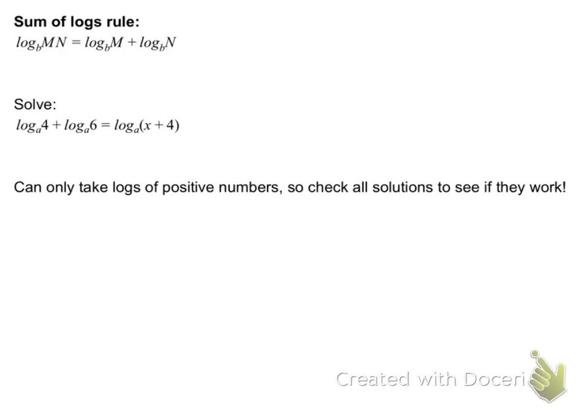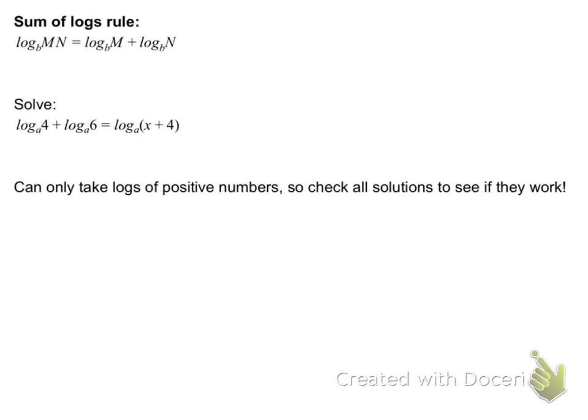So what they're going to have you do on this stuff is condense, and they're going to have you expand using these rules. There's sum, there's difference, and then there's a power rule. I think we're only going to get through this first rule here. The biggest thing is you can only take logs of positive numbers, so check all solutions to make sure they work. So this is one that you're going to have to solve for.